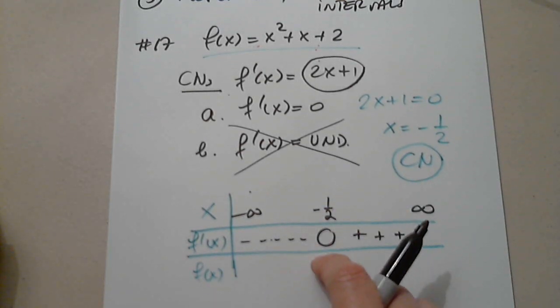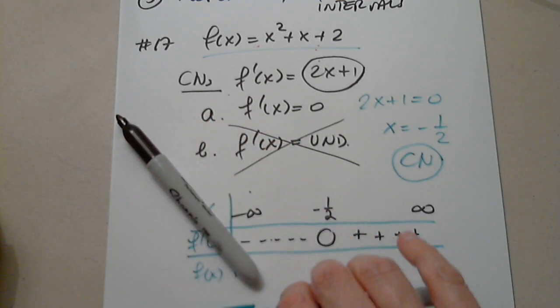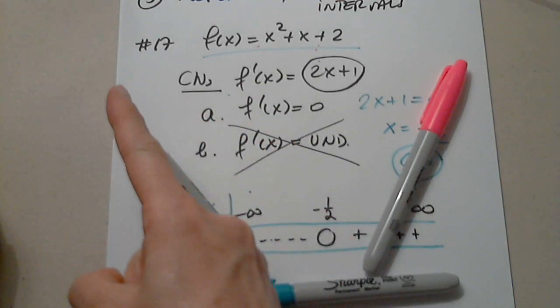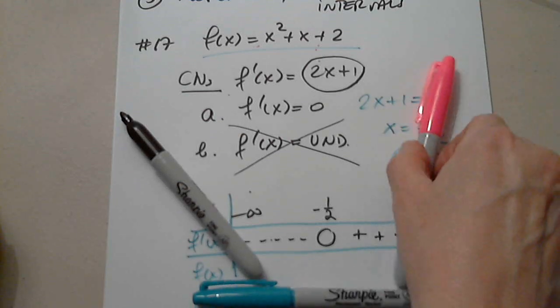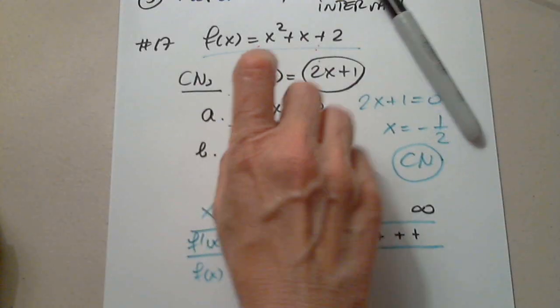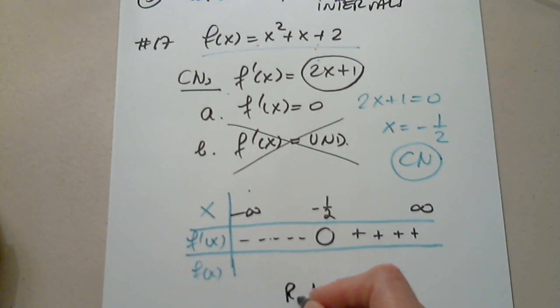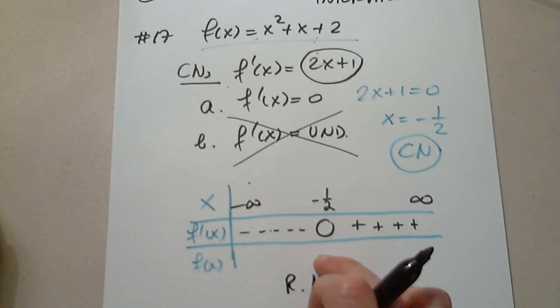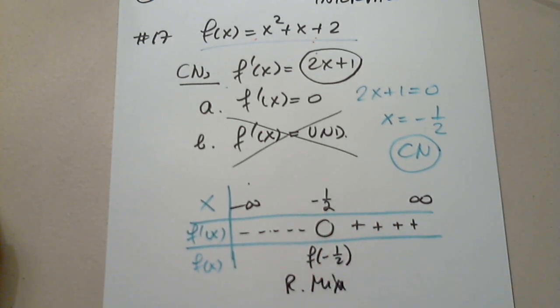Which situation is this typical of? Negative, 0, positive. It's a min. Of course, a relative min. What is it? I have to plug it in the function. So the relative minimum will be f of -1/2.